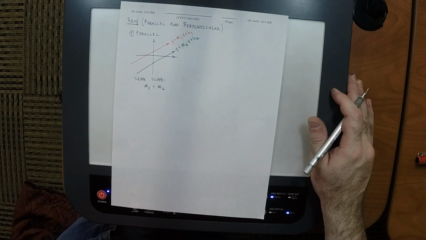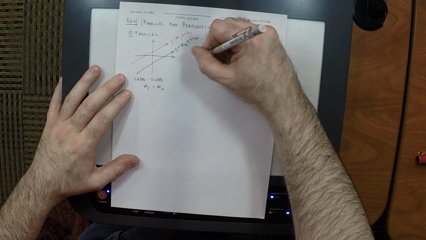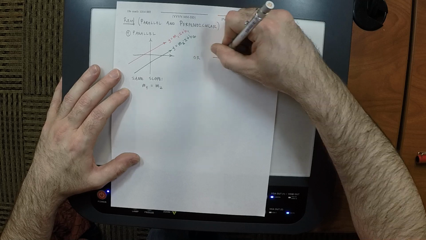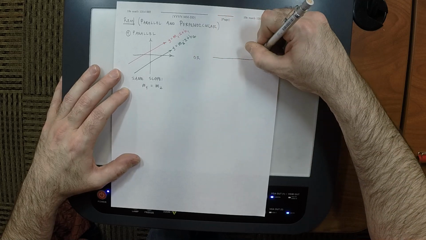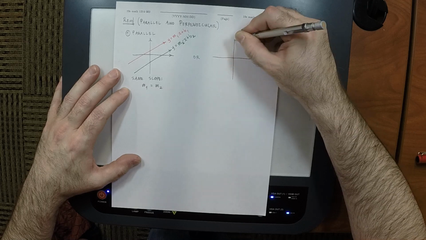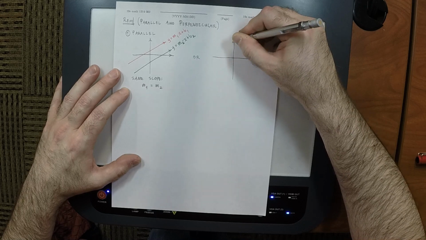All right. But there's another possibility. There's another way in which lines can be parallel. And this one is sort of like an eye roll.